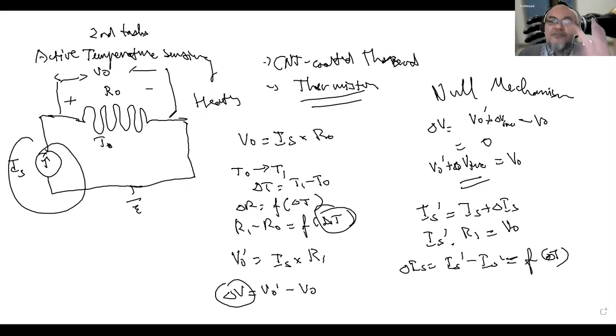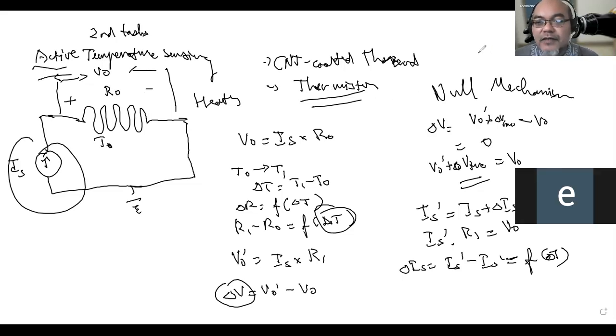Or you can do it vice versa, where you measure the current and the input is the voltage, depending on which you prefer. This is what I call active temperature sensing. In this sense, hopefully the sensitivity of the measurement will be higher compared to a passive thermistor.